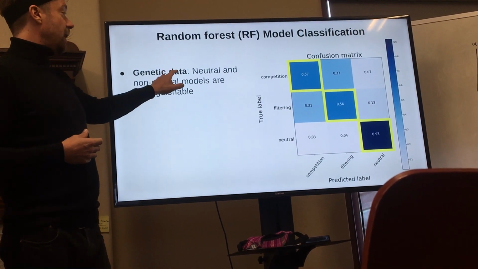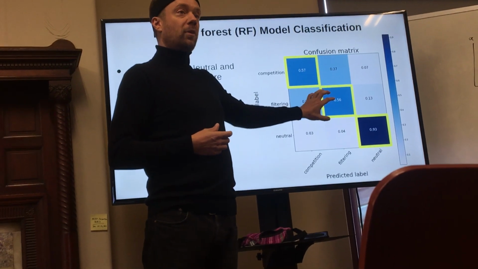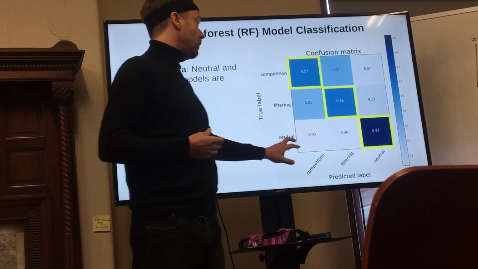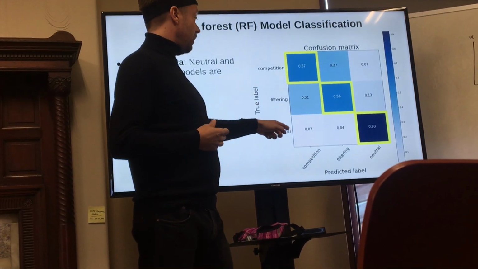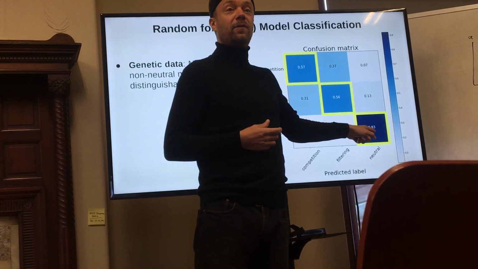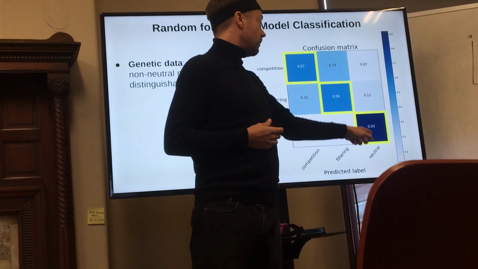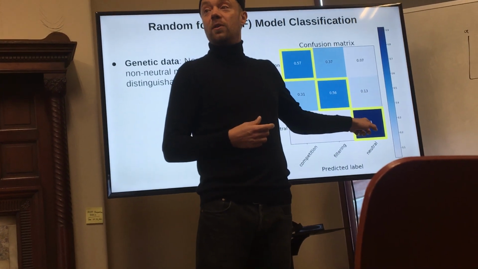And so using just genetic data, here this is a confusion matrix, which is basically reporting the results of the random forest cross-validation procedure. What you want to see is, if the true model is neutral, you want the random forest classifier to say, oh, that's a neutral model. So you want this to be closer to 1. The darker the square is, the better the random forest is doing.